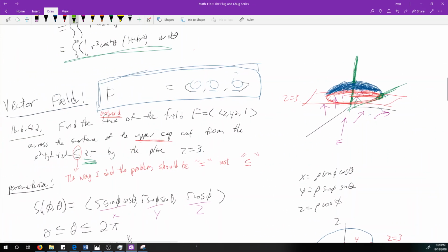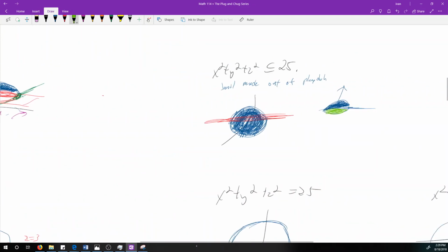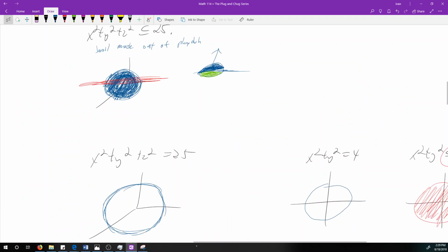So why did I say that this should be an equal sign? Because if we have the equal sign, that means every point has to equal 25, so the only place I can be is on this blue line, on the surface of the ball. So when you have an equal sign, you have like a basketball that's pumped with air on the inside.